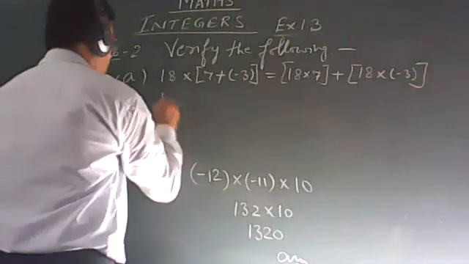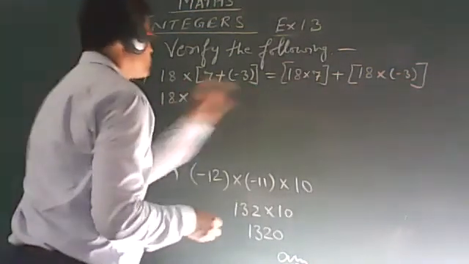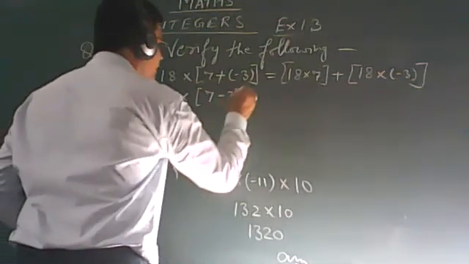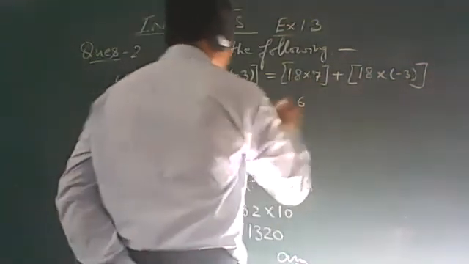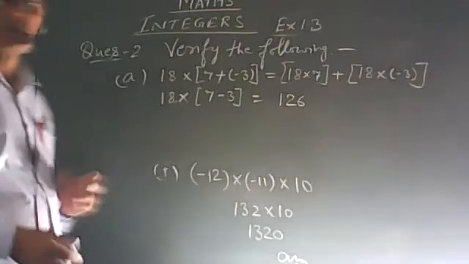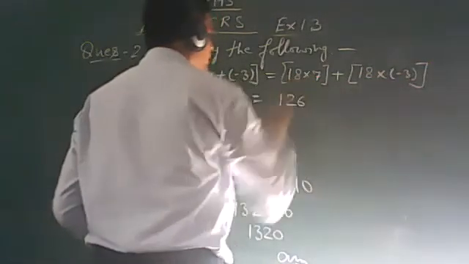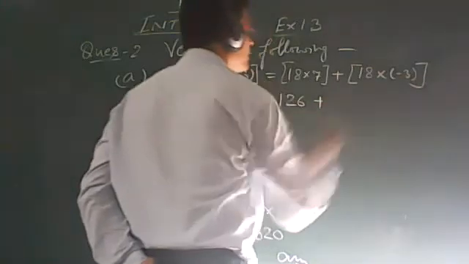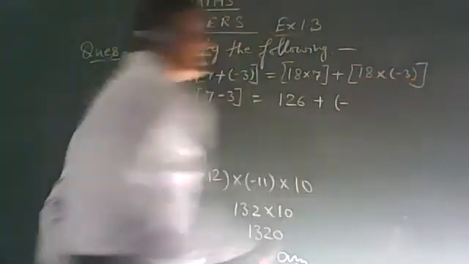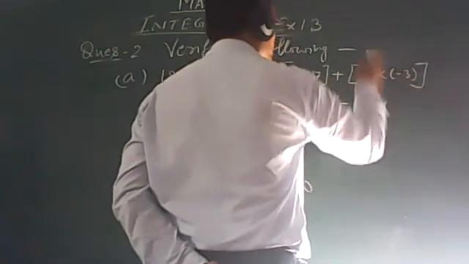So first, BODMAS rule says first we solve the bracket. Here plus, minus minus 3 equals. First we multiply both the numbers. 18 sevens are 126, plus, and plus minus minus we write minus, 18 threes are 54.